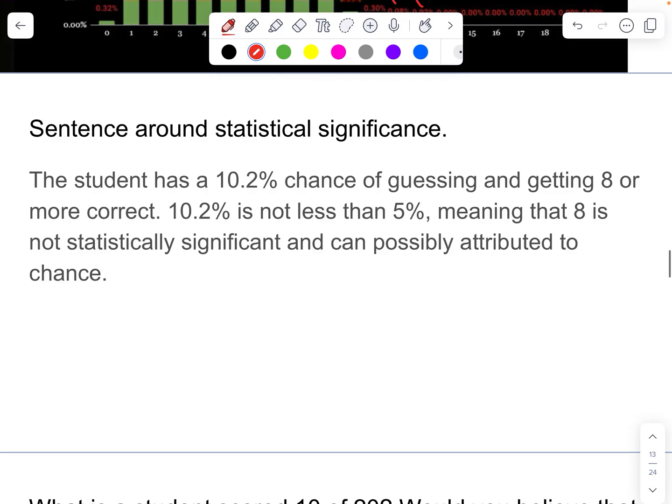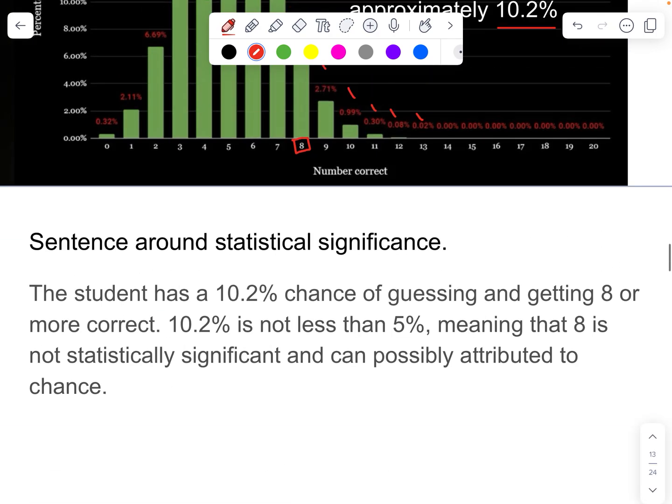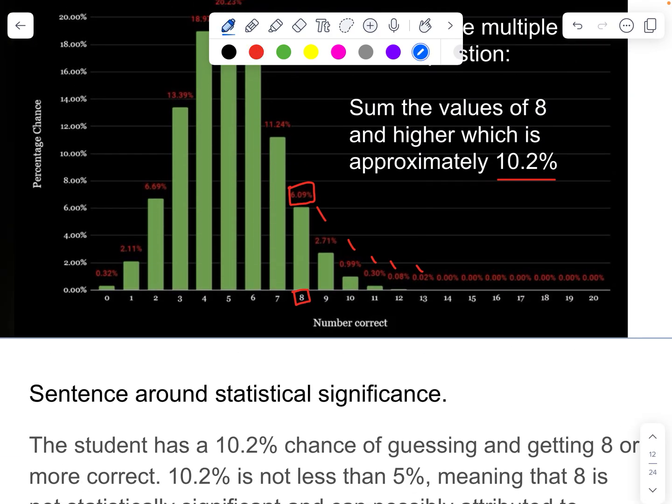Okay. What about if the student got 10 of 20? Well, let's go back and check. We can see this 10 of 20 is occurring at 0.99 plus the additional values.